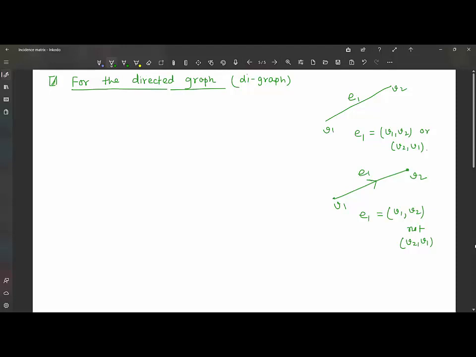First we state it for the connected graph, and for the disconnected graph we do the same thing for the different connected components, and after that we assemble them. For the directed graph, the concept is E1 is incident out from the vertex V1 and E2 is incident into the vertex V2.